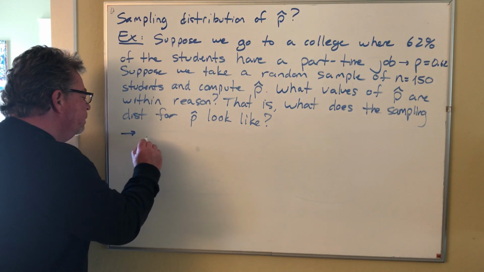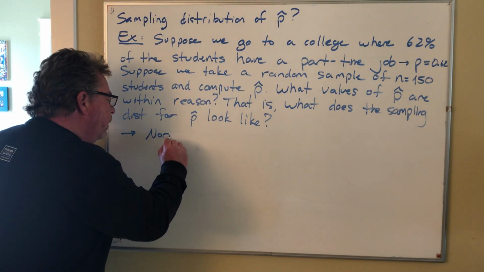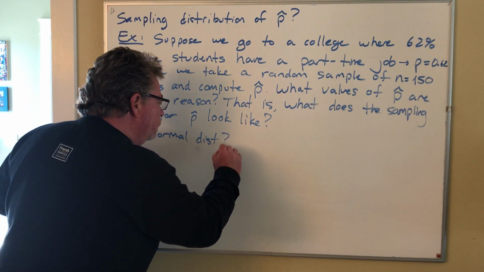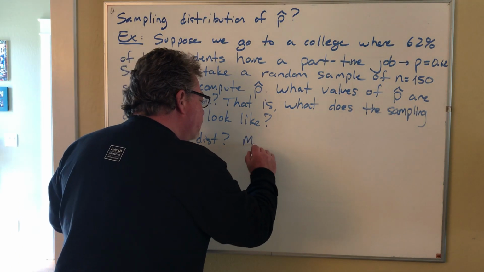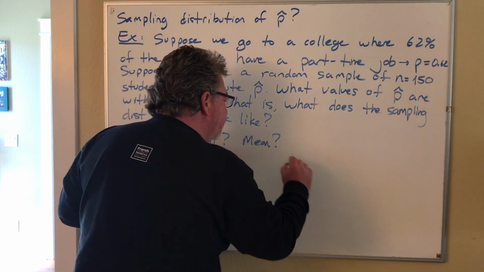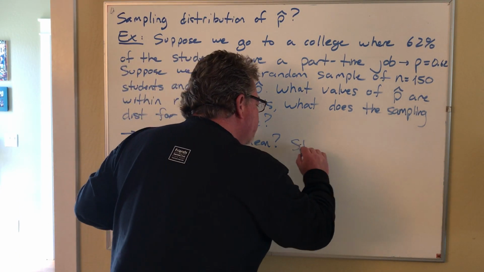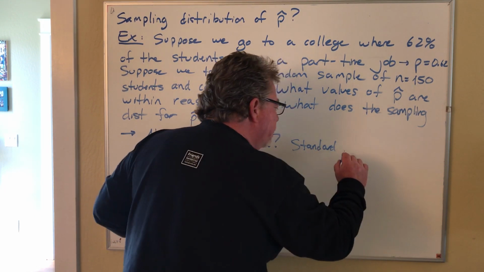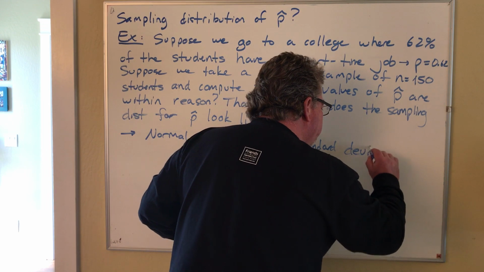So we've got to decide, are we going to have a normal distribution? We're going to have to ask, what's the mean? And we're going to have to ask, what's the standard deviation?